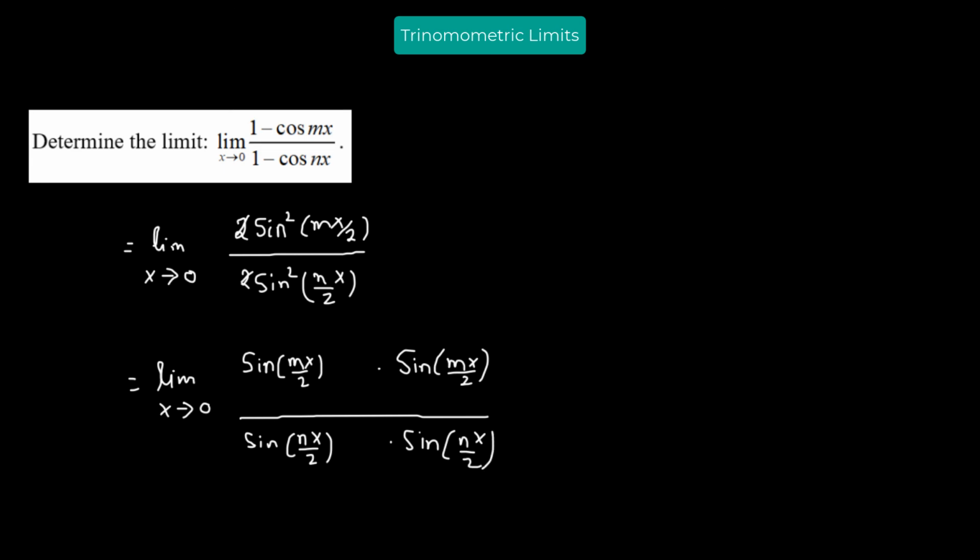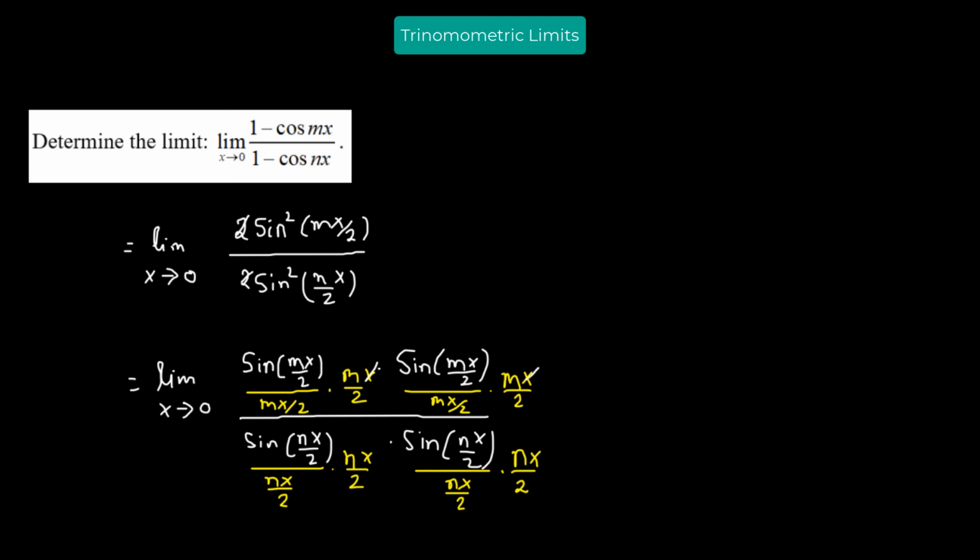Now what we're going to do, we're going to divide by mx over 2 and then multiply by mx over 2, for each sine term in the numerator. Similarly in the denominator we divide by nx over 2 and multiply it by nx over 2. So we have this divided by nx over 2 times nx over 2. So we can cancel out the common terms, which is x, from both the numerator and the denominator.